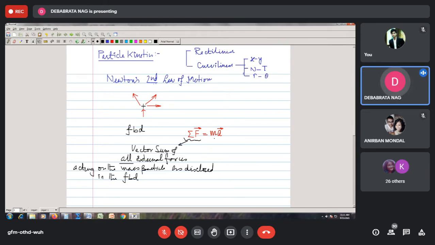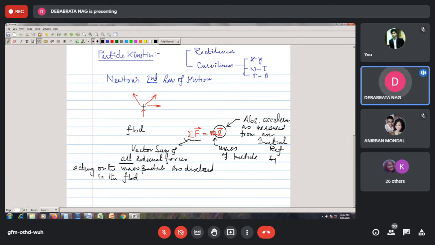And this is equivalent to the mass of the particle times A bar, and you need to remember this A bar. This represents the absolute acceleration. This is very important. It represents absolute acceleration as measured from an inertial reference system.